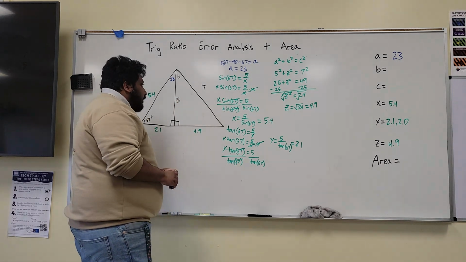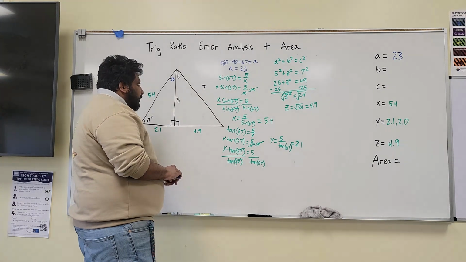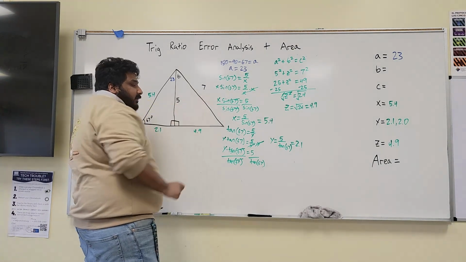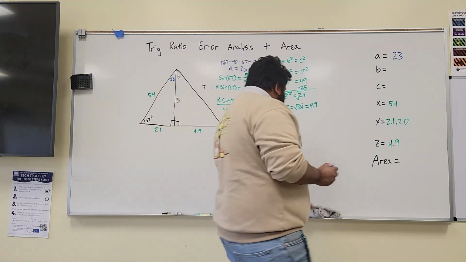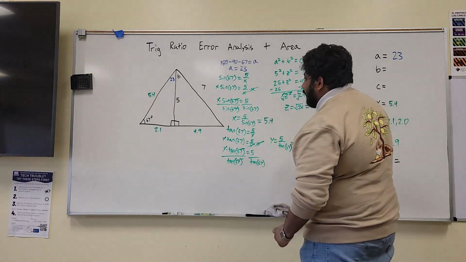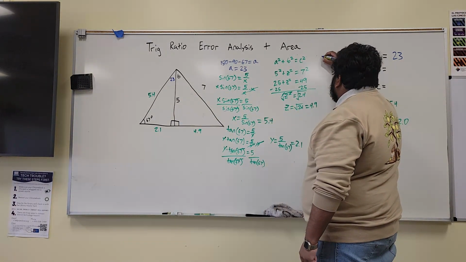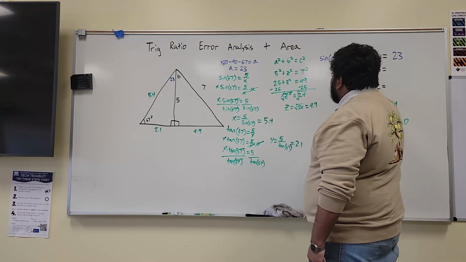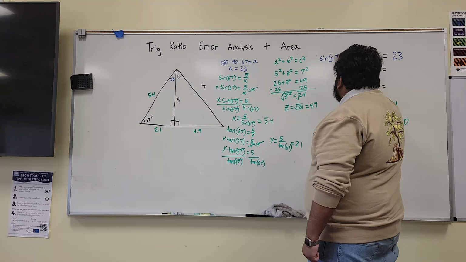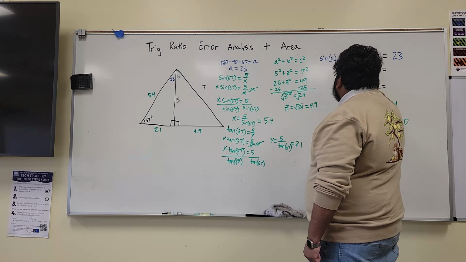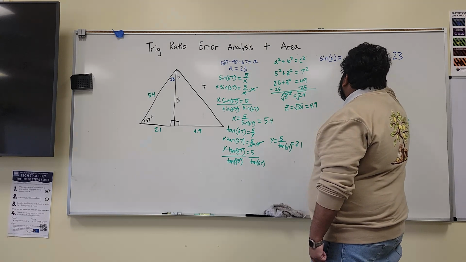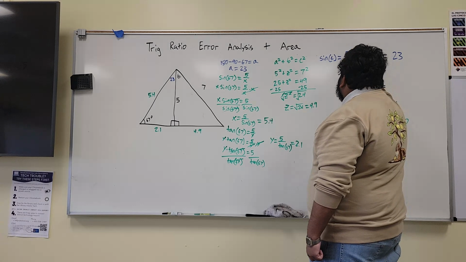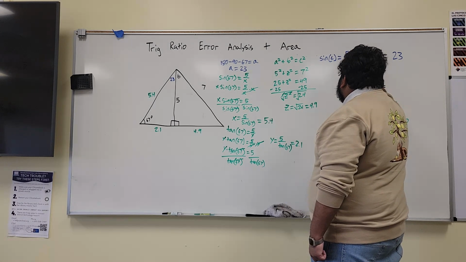I'm going to use sine just because I like the whole numbers. So we're going to do sine of C, that's the angle we're looking for. That's going to be equal to the opposite side over the hypotenuse.